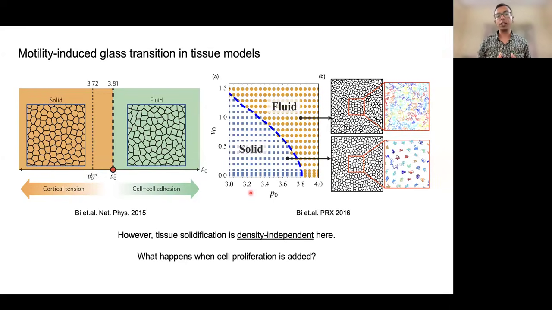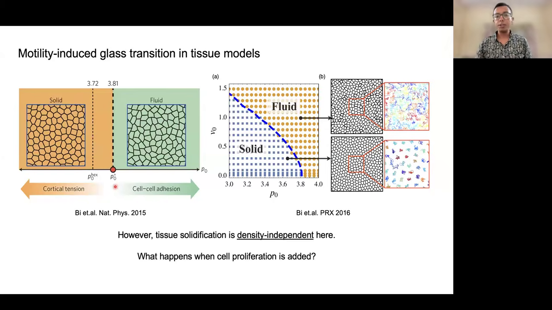Because these are confluent, there is no concept of packing fraction, and because these are active systems, there is no concept of temperature either. So there is this particular thing called the shape parameter. It can drive the fluid to solid transition.